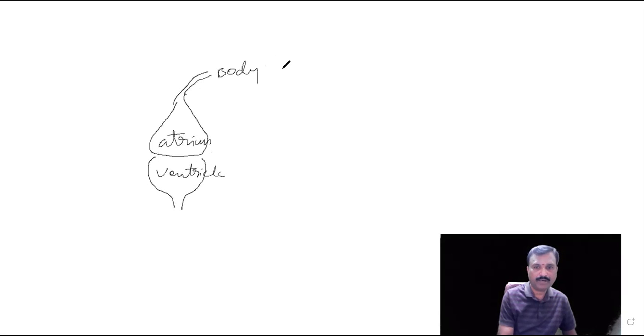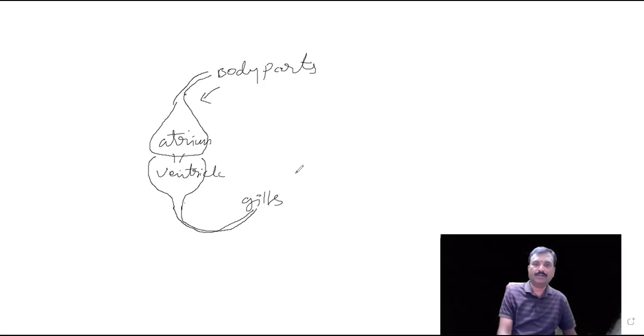From the atrium, this deoxygenated blood comes into the ventricle. From the ventricle, this deoxygenated blood goes to the gills. From there, oxygenated blood goes to body parts.